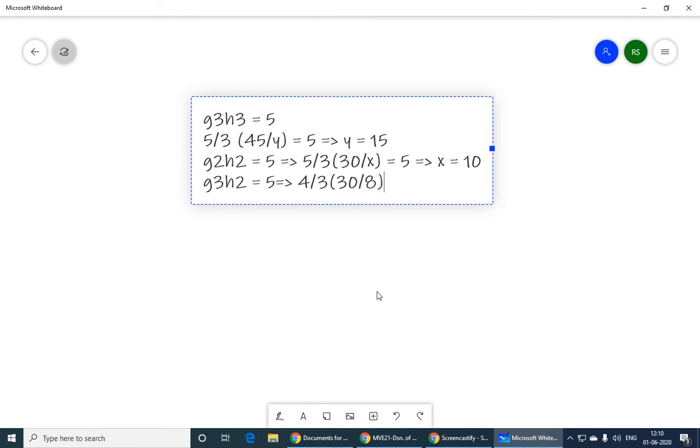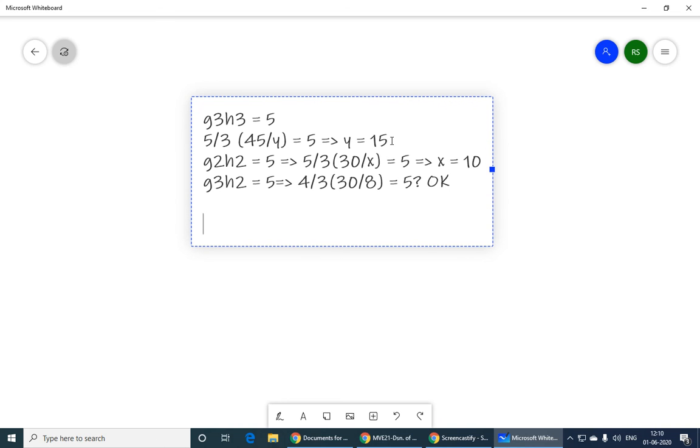As I said the last time also, we cannot calculate this, we can only check it, is it equal to 5. So if you see from this equation, 4 by 3 into 30 by 8 is indeed equal to 5, okay, and that means that all our sizes are correct, X and Y whatever we have got.